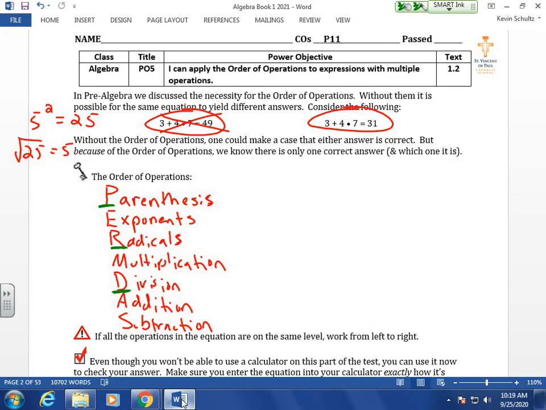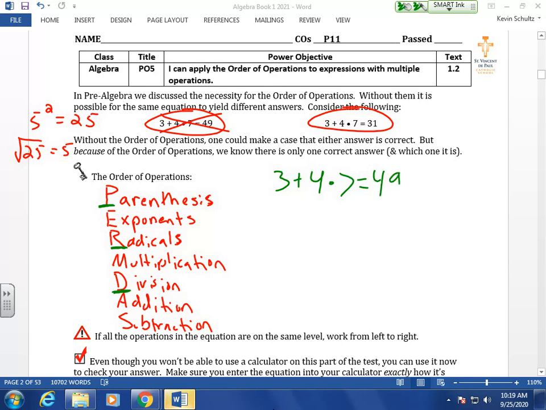Yeah. It overpowers multiplication and division. So if you have like two numbers that you have to add in parentheses. Right. It overrides everything else. That if you did want 3 plus 4 times 7 to equal, not 31, that's what it's supposed to equal, sorry, make it equal 49.